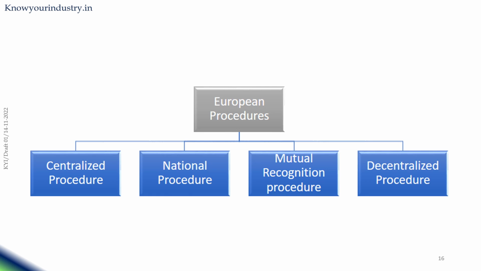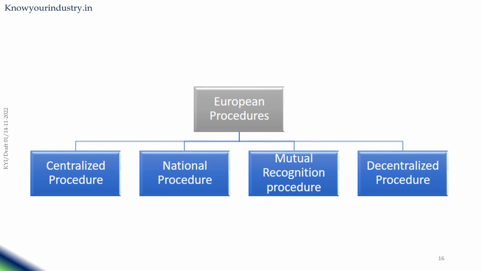Then is national procedure. National procedure is one which allows applicant to obtain a marketing authorization in one member state only. Coming to mutual recognition procedure, this allows applicants to obtain a marketing authorization in concerned member state, that is CMS, other than the reference member state, that is RMS, where the drug is previously approved.